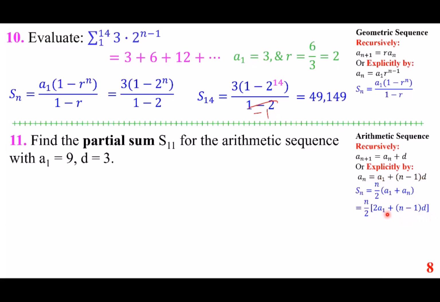So you can replace this with this. This is what we have. And so let's plug into this formula. A sub 1, replace it with 9, D, replace it with 3, and the n, replace it with 11. So this is your n, everybody.